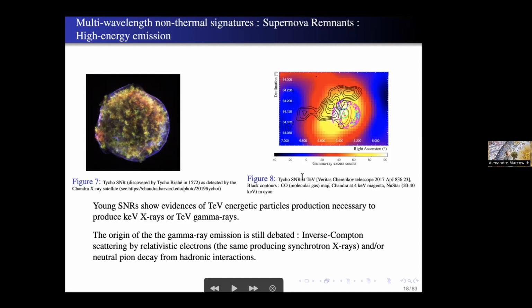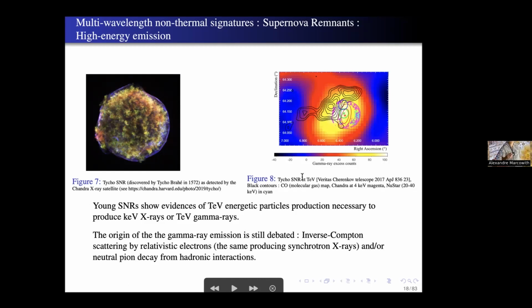And gamma rays are likely produced by inverse Compton emission of the same electrons which are producing this X-ray synchrotron. Or they can also be produced by protons, and this is what we are looking for as cosmic rays, through the decay of neutral pions. So when protons interact with interstellar medium material, they can produce nuclear interactions, producing neutral or charged pions, and the neutral pion decays into gamma rays, which can be this signature.